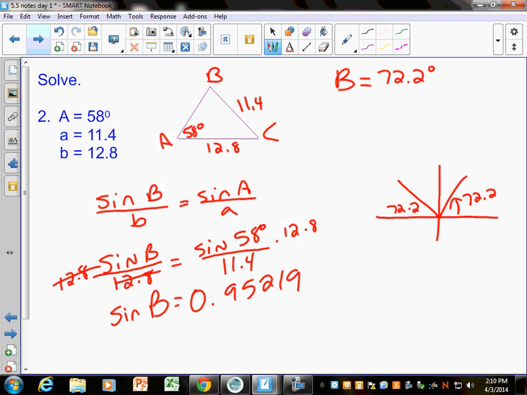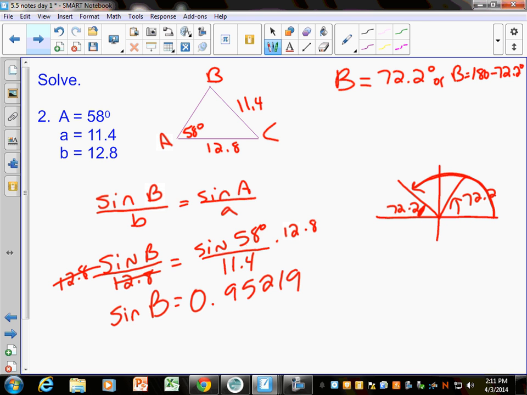It has the same reference angle, right? How do I go from 0 to that line? How would I figure out how far it is up to that line? So another option for B is 180 minus 72.2.